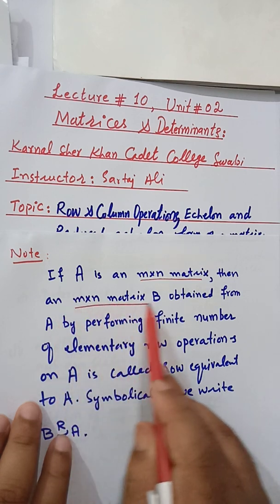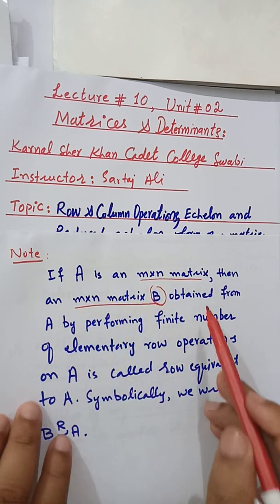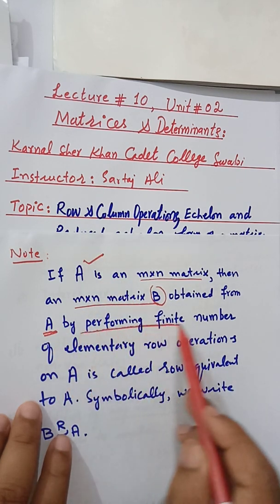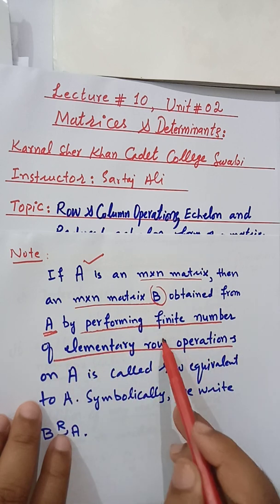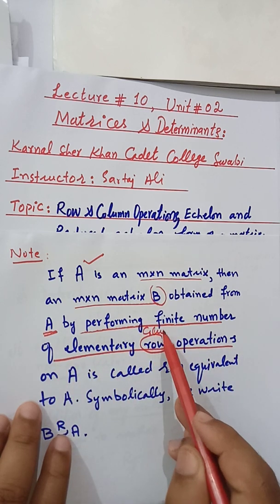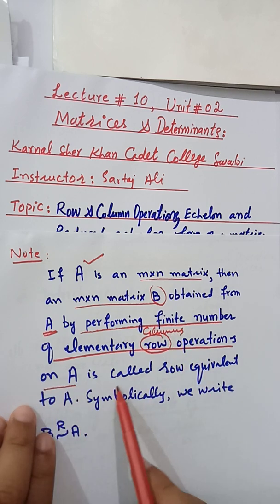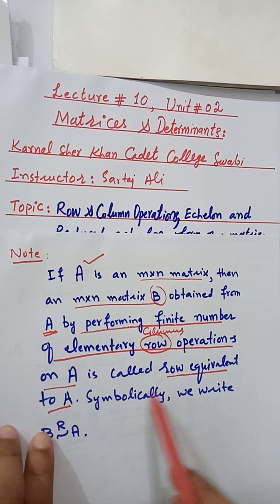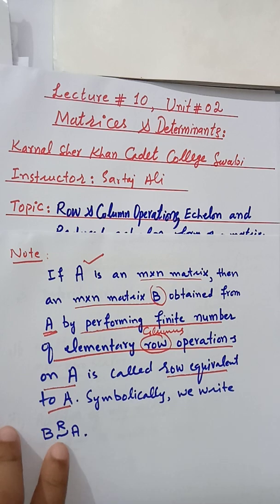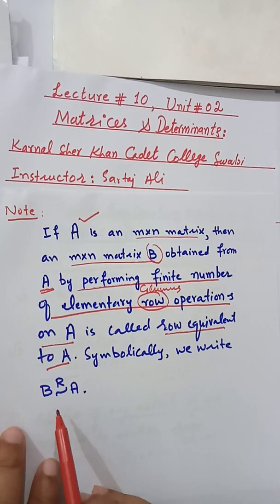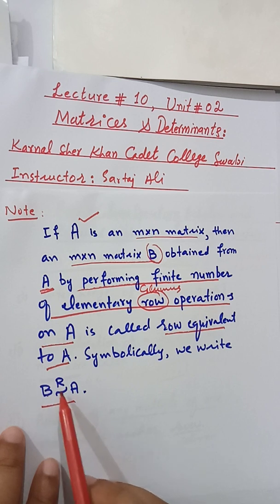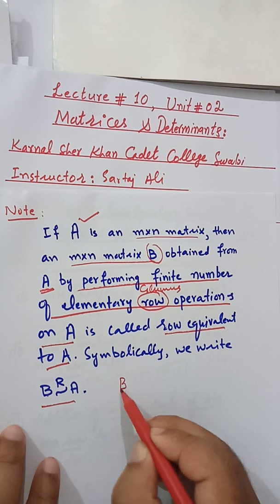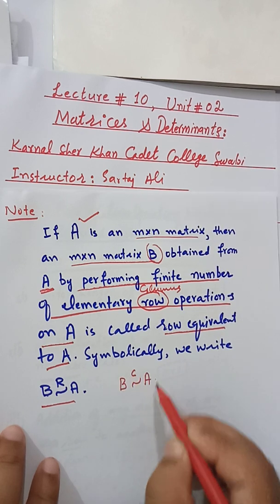Then another m by n matrix, having the same order, obtained from the original matrix by performing a finite number of elementary row operations on A is called row equivalent to A, and if you perform elementary column operations, it will be called column equivalent to matrix A. Symbolically, matrix B will be row equivalent to matrix A, and if you perform column operations, matrix B will be column equivalent to matrix A.